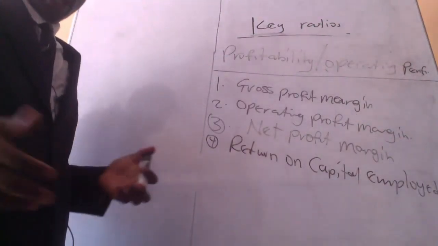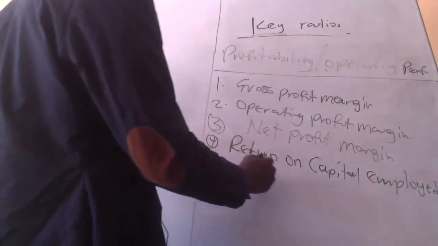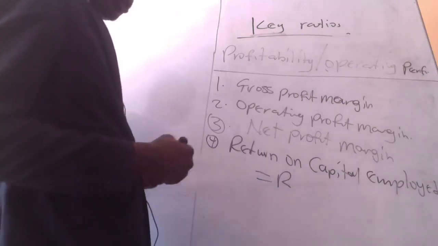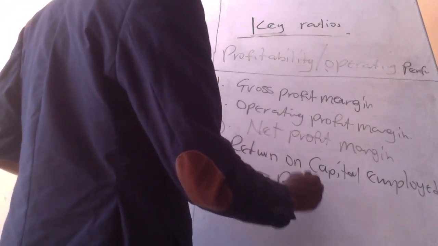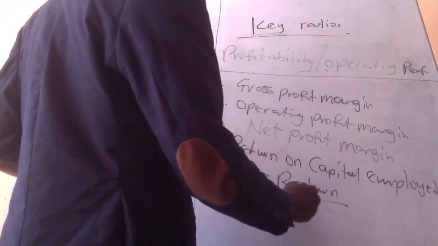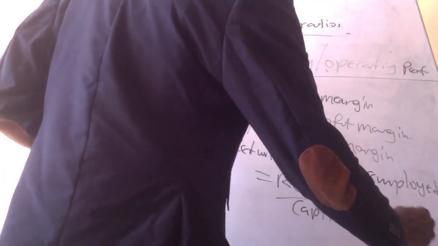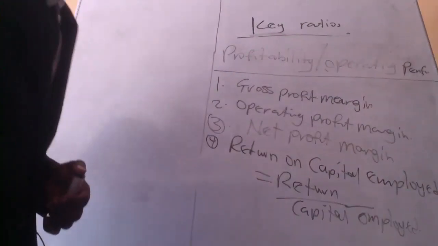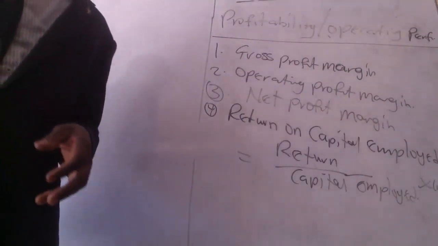So basically, if we want to play a smart game here, return on capital employed should be the return on the capital that you have employed, times 100. So take note for me.